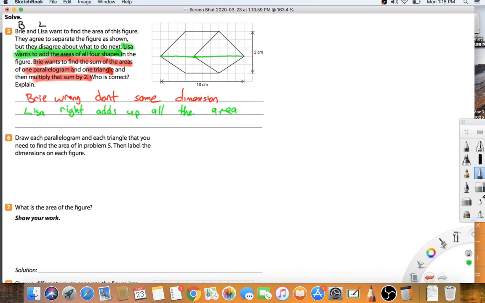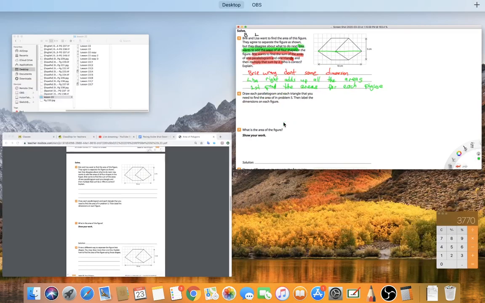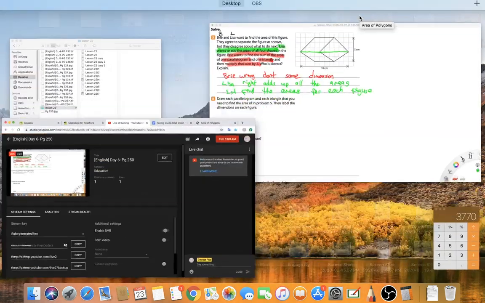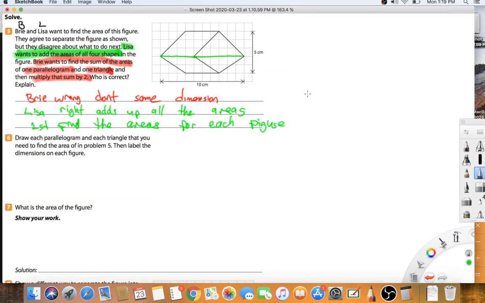So she adds up all the areas. But first, she does find the areas for each one. Find the areas for each figure. Let me just make sure. All right, good.